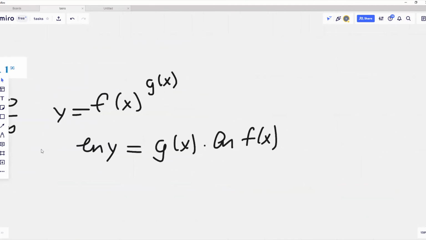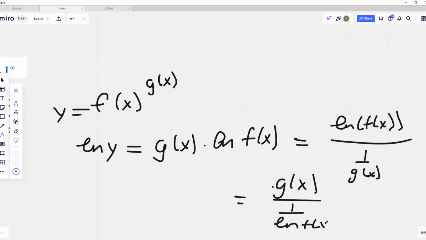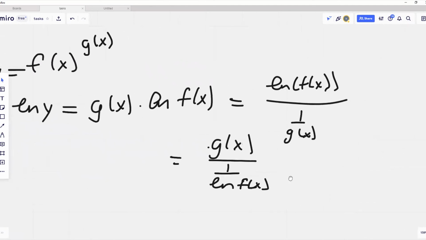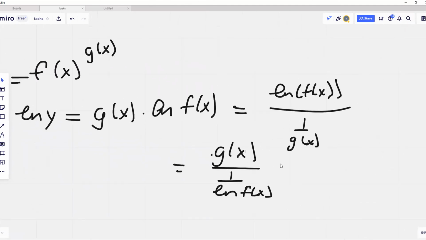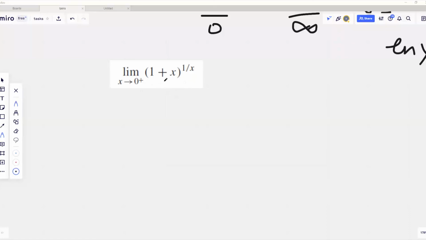And then we can express that as ln of f of x over 1 over g of x, or g of x over 1 over ln of f of x. Whichever will be easier to work with, whichever function will be easier to take the derivative of, you need to make the choice later on. Now let's take a look at the following limit.